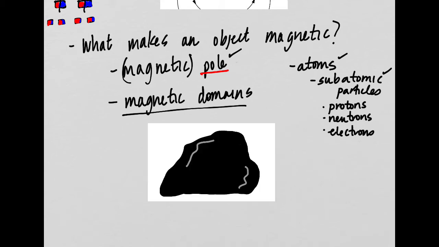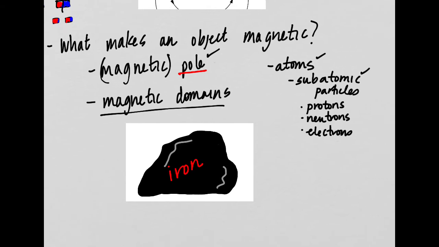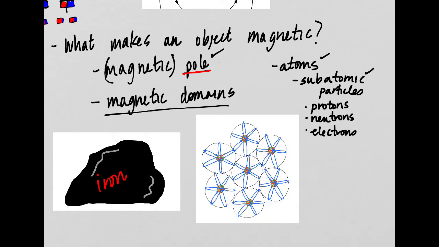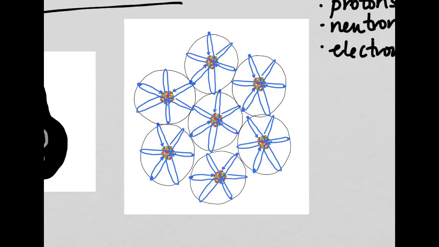All right, here's my iron. Okay, this is a block of iron. It's a big rock made of iron. Okay, in this block of iron, if I broke it down to its tiniest little particles, I would get down to its atoms, right? And its atoms would look like this. You've probably seen something like this before, okay?